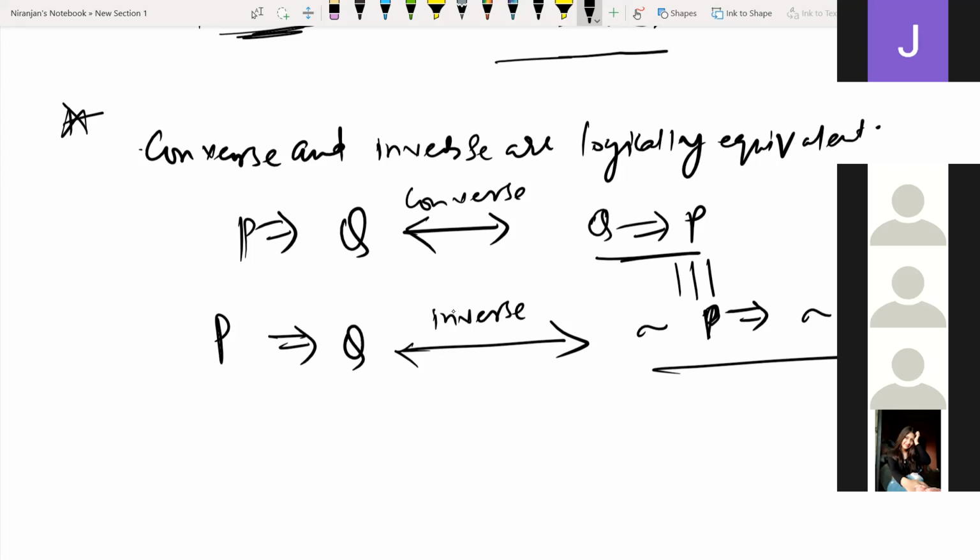Now think about both statements. The first statement is my car will not run if I am out of gas, and the second is if my car has gas, then my car will run. Why do you think these two are logically equivalent?